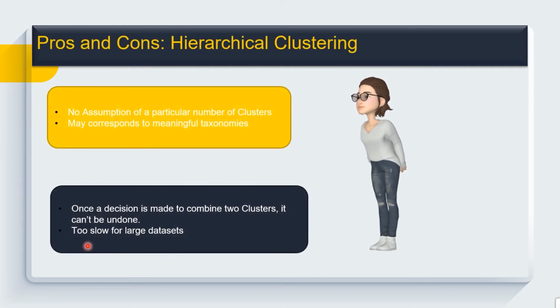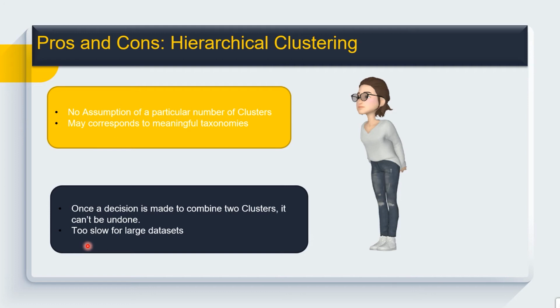Now again, hierarchical clustering also has some pros and cons. The pros: no assumption of a particular number of clusters is required, and it may correspond to a meaningful taxonomy. Whereas if we talk about the cons, once a decision is made to combine two clusters, it cannot be undone.